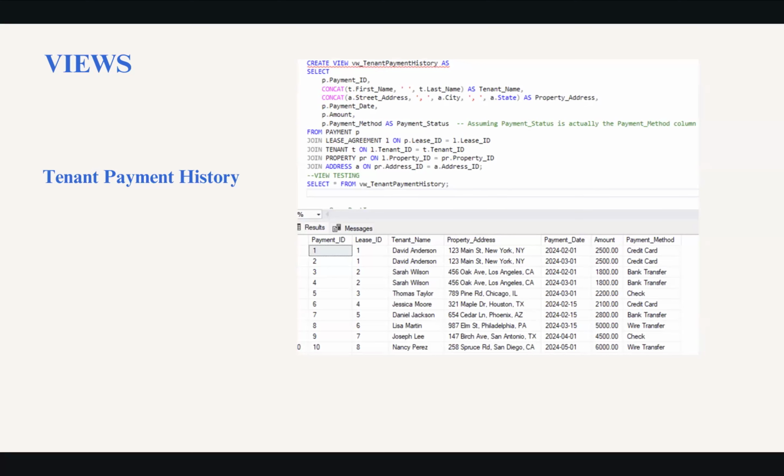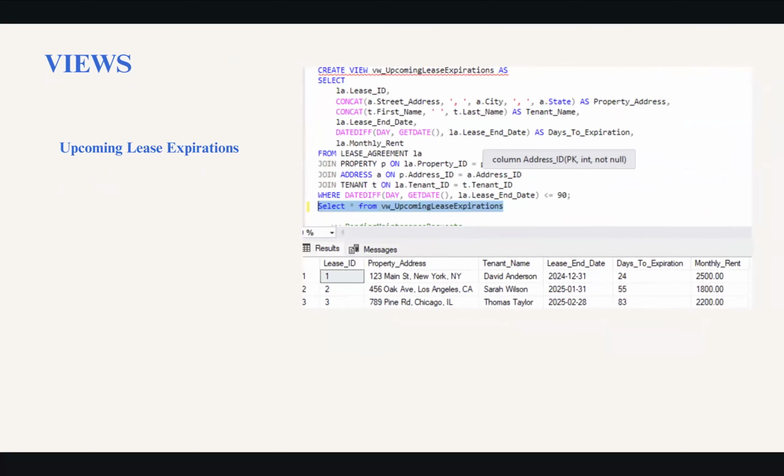Moving on to the next slide. The upcoming lease expiration view is designed to ensure proactive lease management. It identifies leases expiring within the next 90 days, listing tenant names, property addresses, lease end dates, and remaining days until expiration. This enables property managers to stay ahead with renewals or marketing efforts for vacant properties.